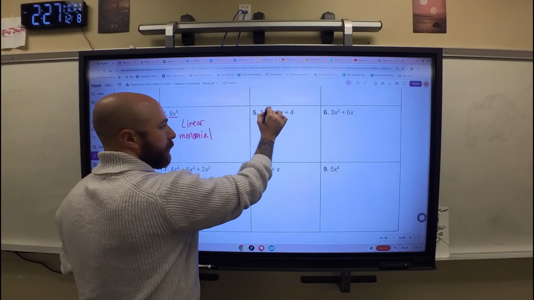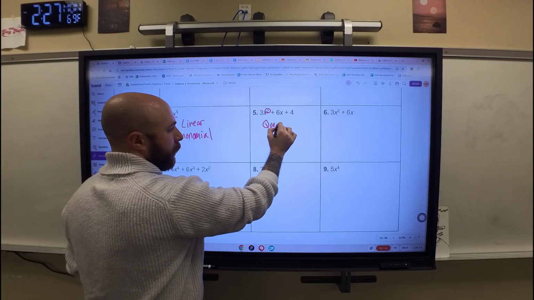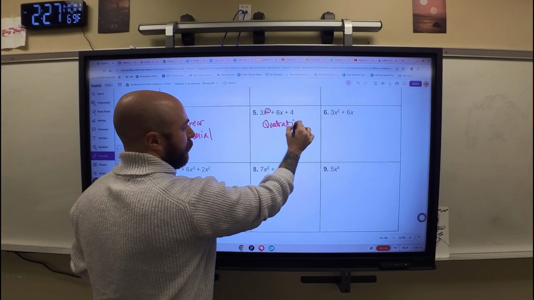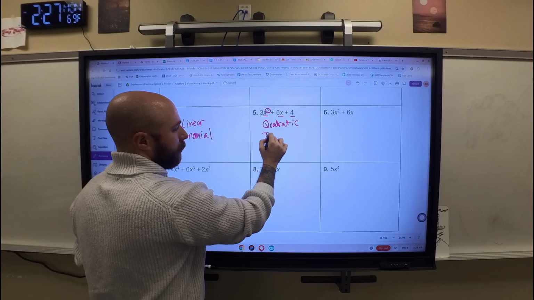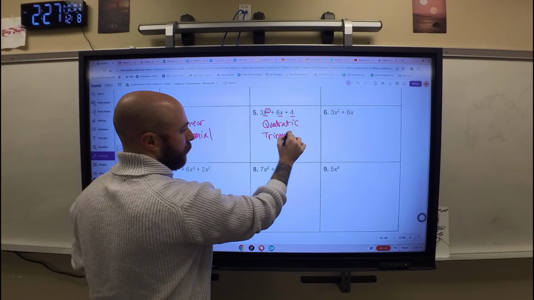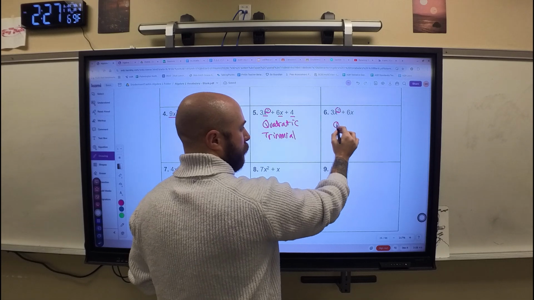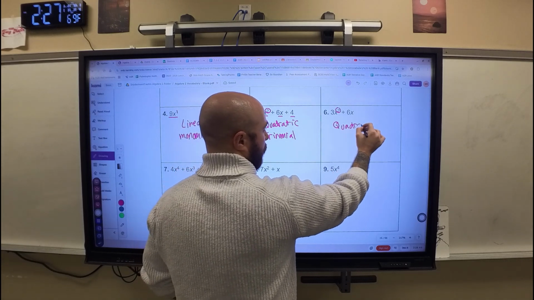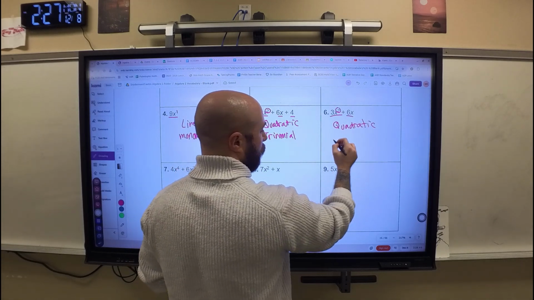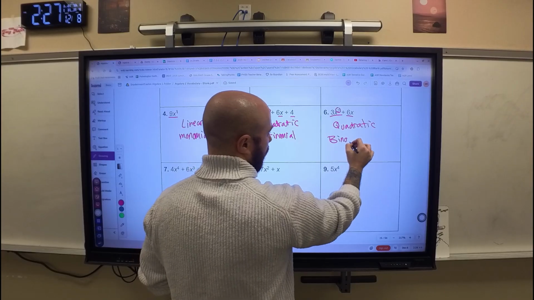Number 5, highest exponent is 2. That's quadratic. 3 terms, trinomial. Number 6, highest exponent 2, quadratic, 2 terms, binomial.